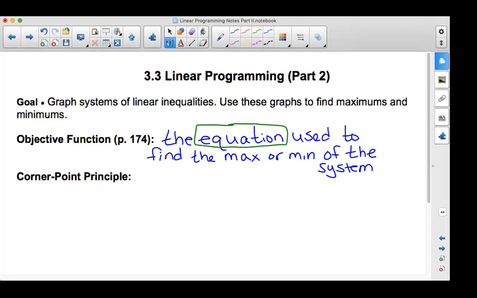And then the other term is the corner point principle. The corner point principle says that the max or the min is found by using the vertices of our feasible region. Remember that shape where they all kind of connect.